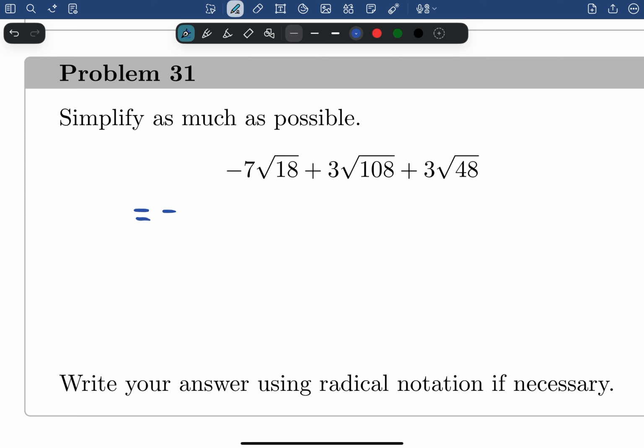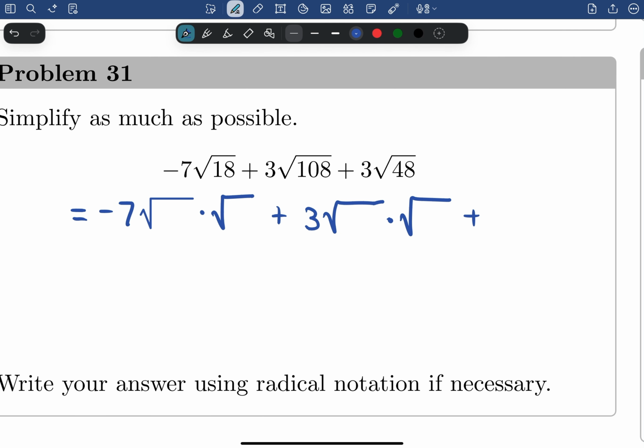I'm going to say this is equal to negative 7 times a square root with perfect squares times the leftovers square root. Okay, plus 3 times a perfect square root and then a leftover square root, and then plus another 3 times a perfect square root and a leftover square root.